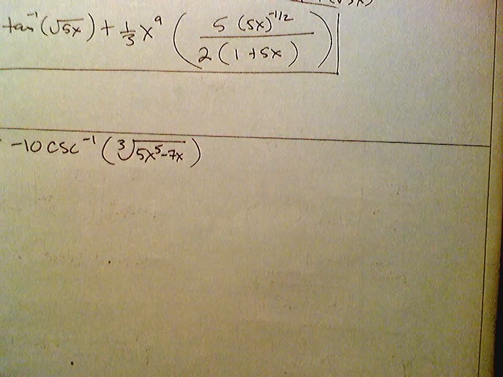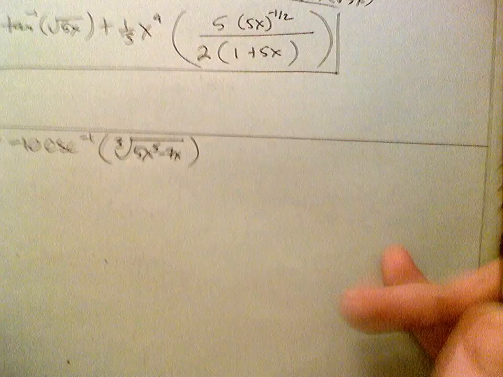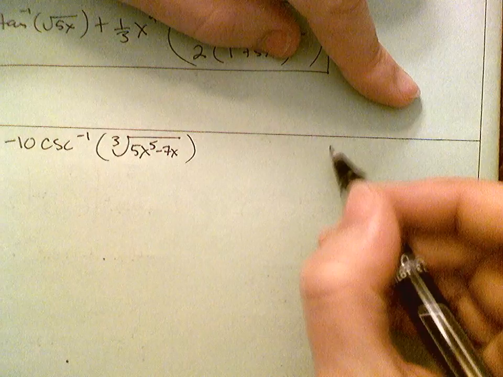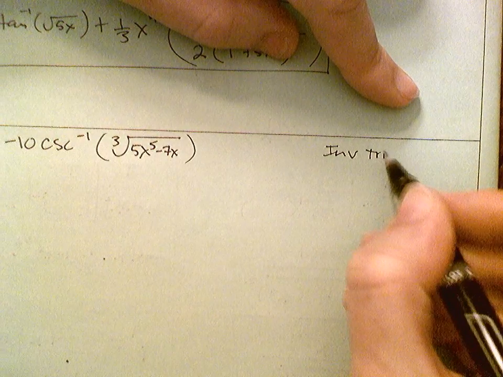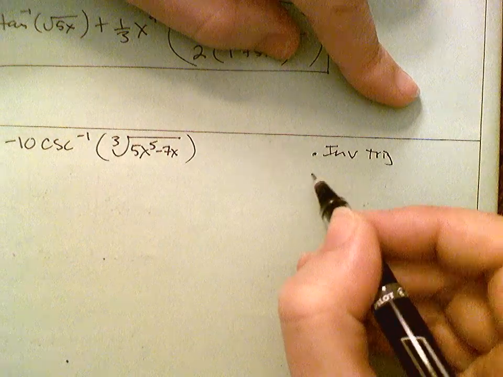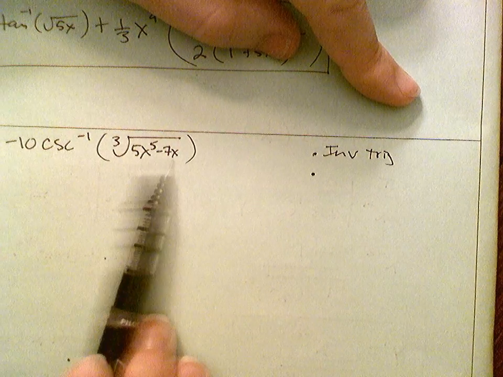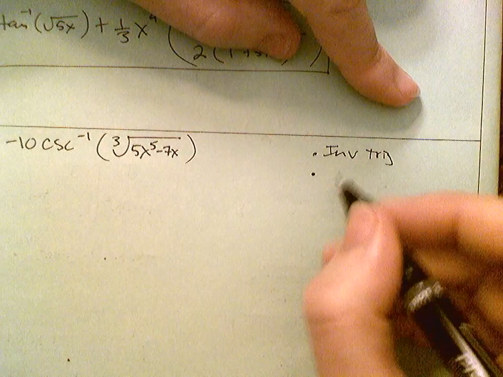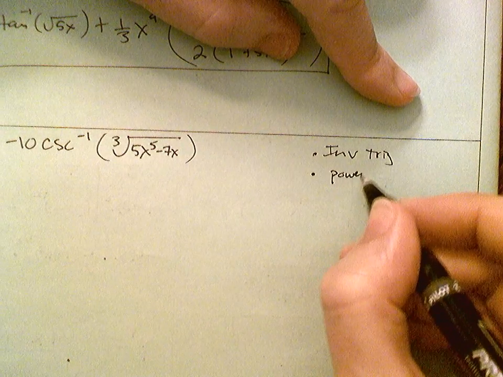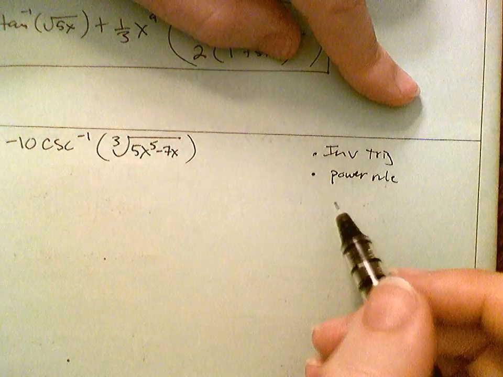Now, same as before, I'm going to say stuff that I see. I see that I will need an inverse trig formula. I do see a polynomial here, something with terms of ax to the n, so I know that I will need power rule.